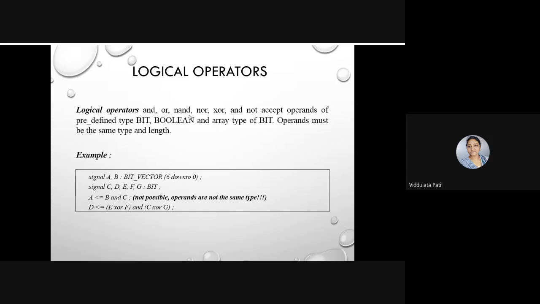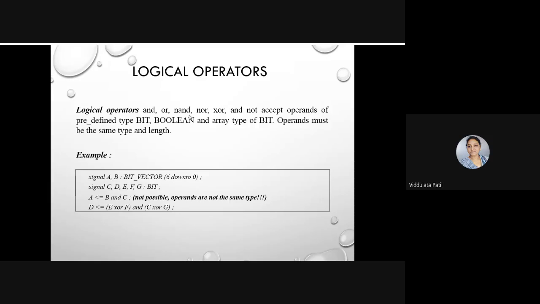Suppose you have the expression a NAND b NAND c. If you have not used any parentheses there, it will give you a syntax error. But if you write a NAND b in a bracket and then NAND c, it will perform a proper operation, with error-free execution.